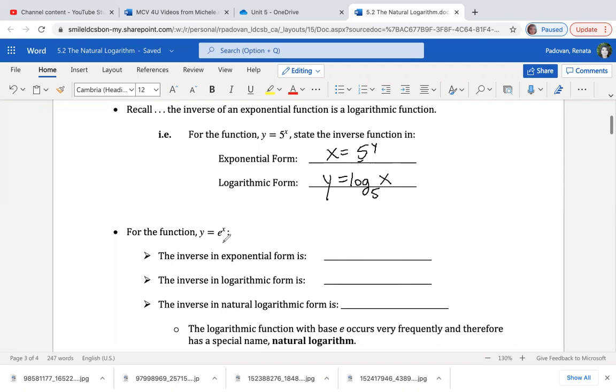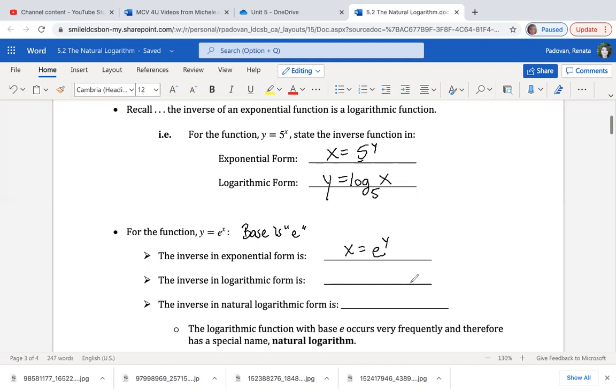Now that we know e, for the function y equals e to the exponent x, my base is e, 2.72. So exponential growth, exponential form. The inverse in exponential form is, again, just switch your x's and y's: x equals e to the exponent y.